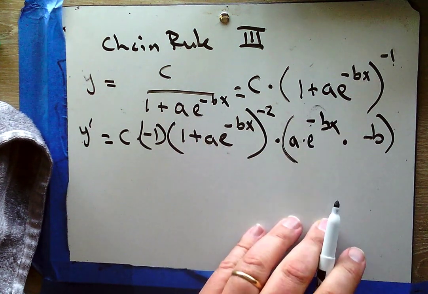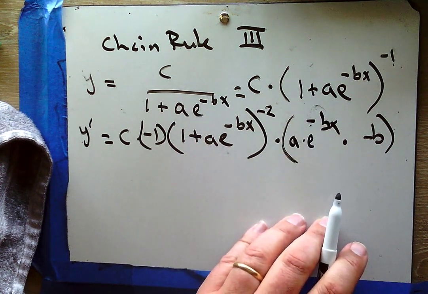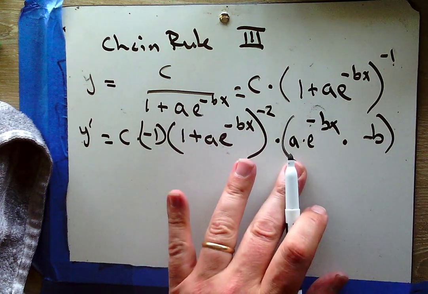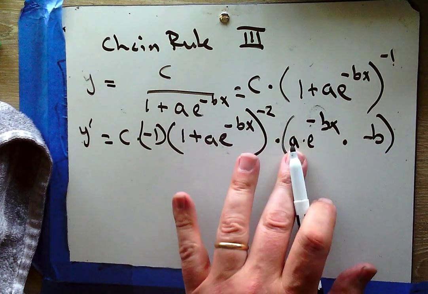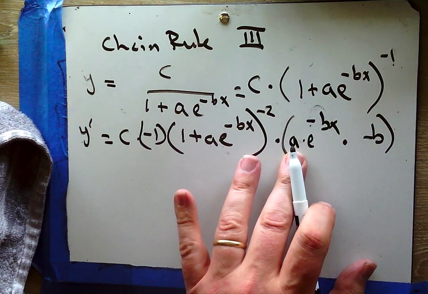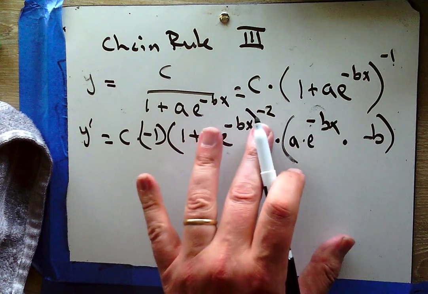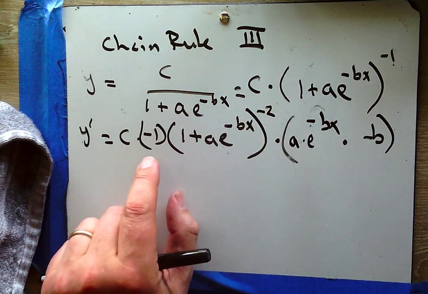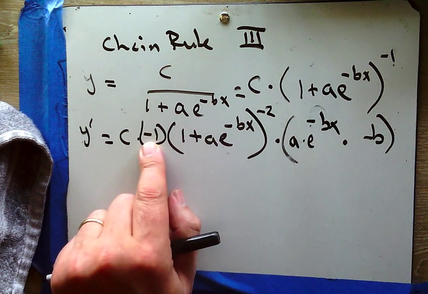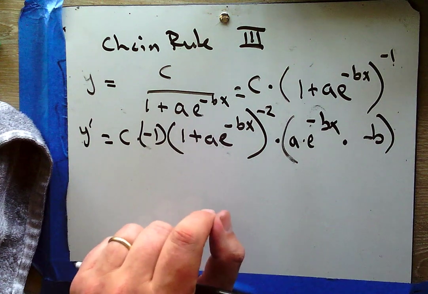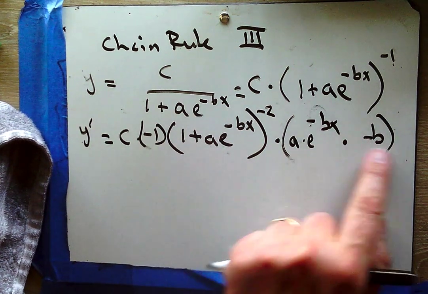So what can I do here? Well, this looks good to me. I probably want to put these together. I think the minus here and the minus here are going to turn out to be positive, because these are just things multiplied together.